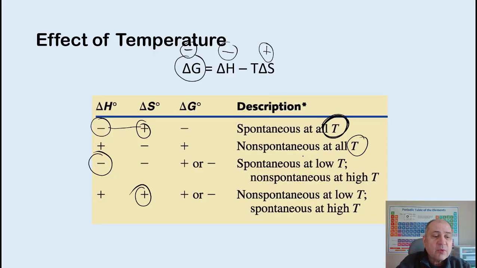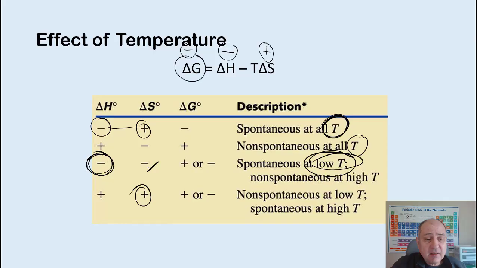Okay, so the scenario for a thermodynamically favorable reaction that is increasing, well, it's not increasing in entropy, it's increasing in order, which is what I was going to say, means we have a negative value for delta S. We want to do this at low temperature because we are diminishing that aspect of entropy which is working against us, right?